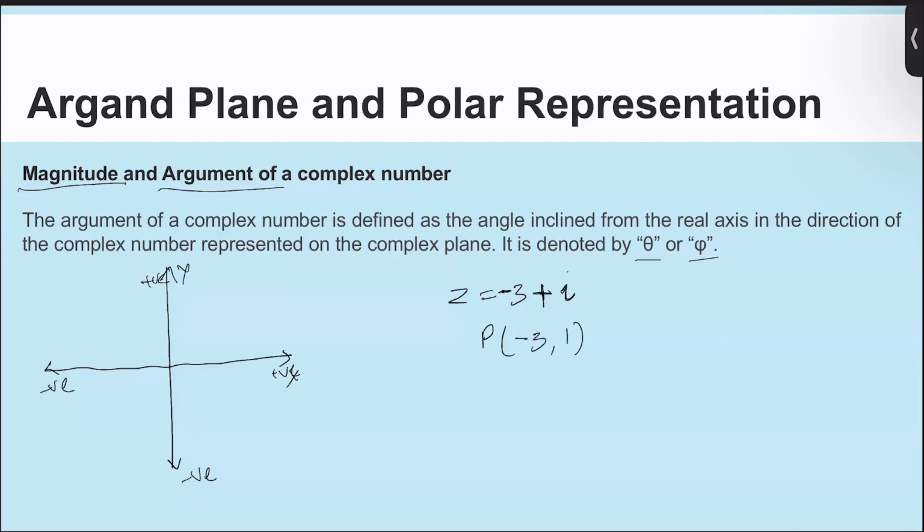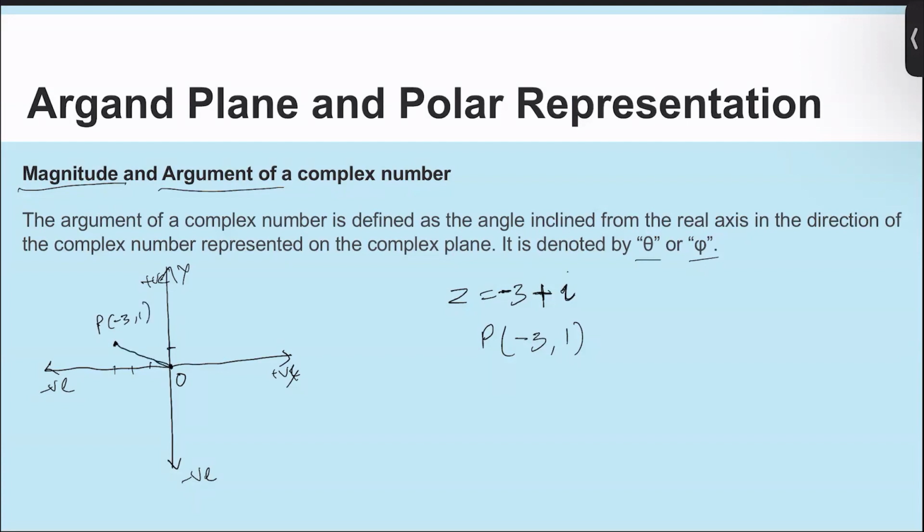You can see this will be plotted in the second quadrant. So if this is your 0, you have minus 3, so 1, 2, 3, and this is 1. So you have this point over here. This is your P, minus 3 comma 1.